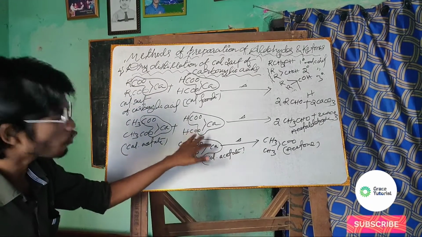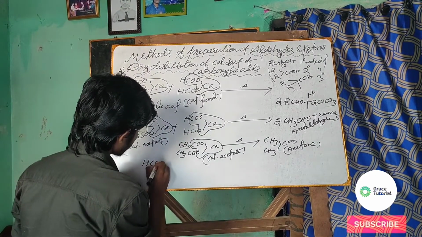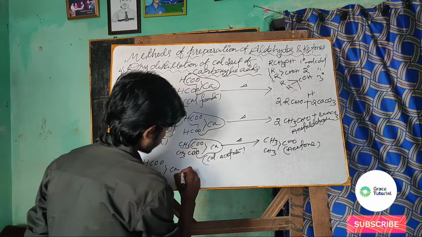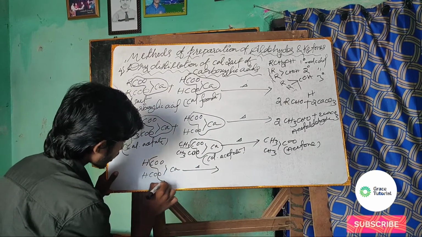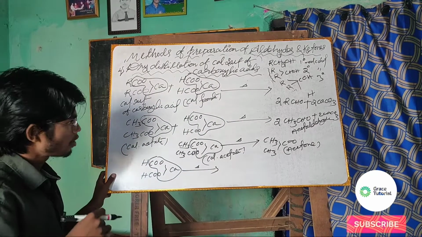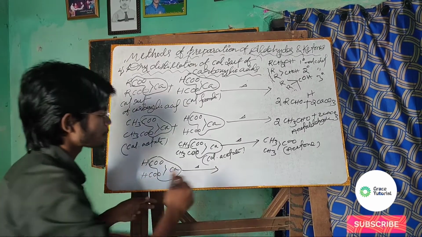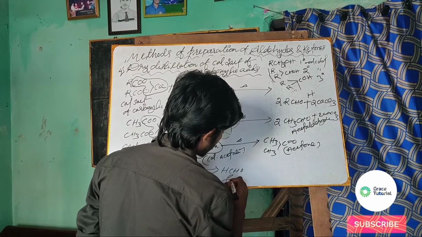Similarly, when calcium formate is individually heated, what happens? HCOO, calcium. If it is heated, then it's very simple: the calcium carbonate is removed from here. If the calcium carbonate is removed, then what remains? HCHO, that means formaldehyde is obtained.